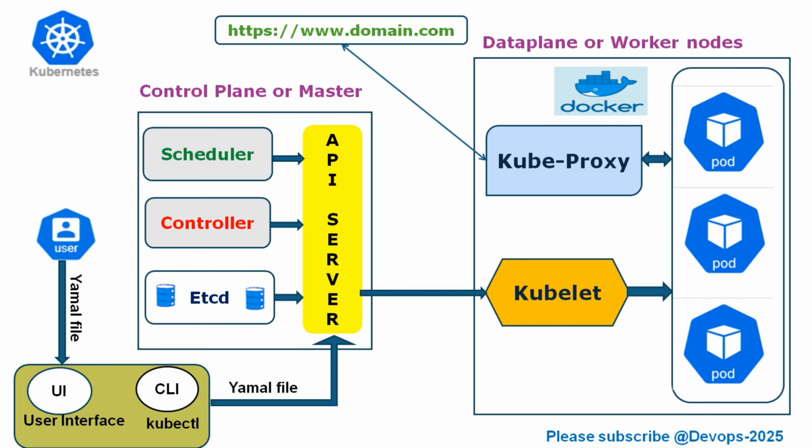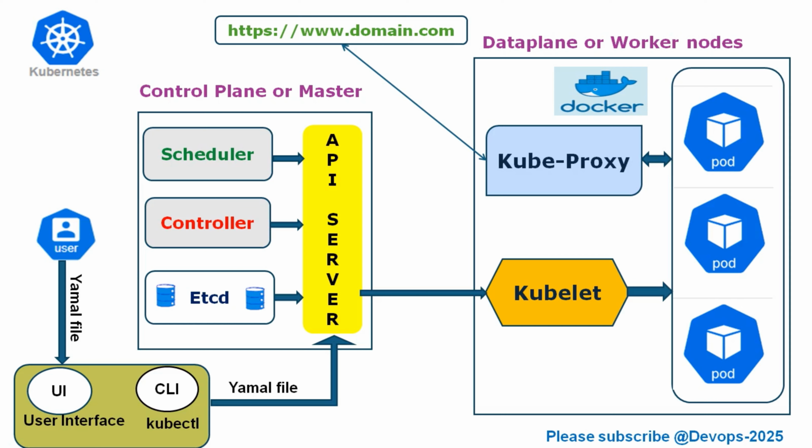Then the controller will read etcd and know the desired state, and it will check the actual state coming from the kubelet. If there is any difference, it will create a workload and give it to the scheduler, and then the scheduler finds out which server has the capacity and sends that workload to that server in the data plane.